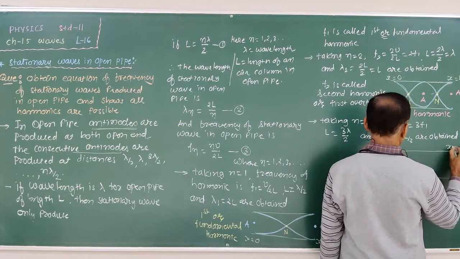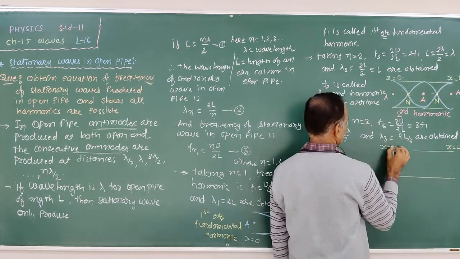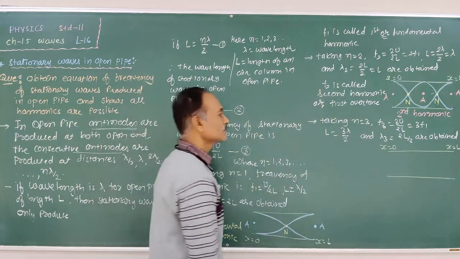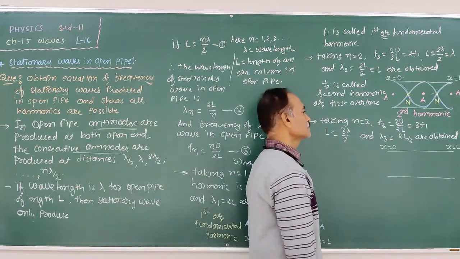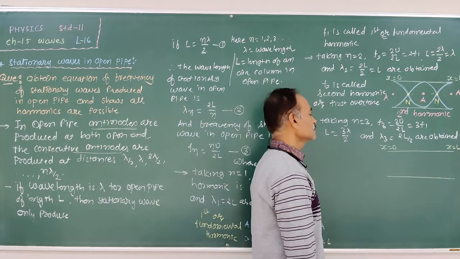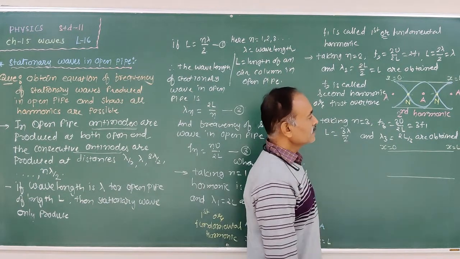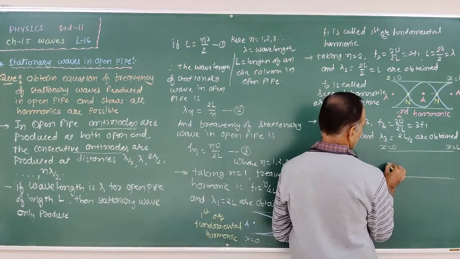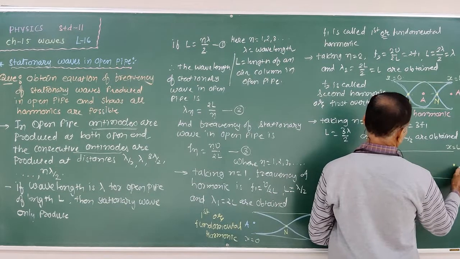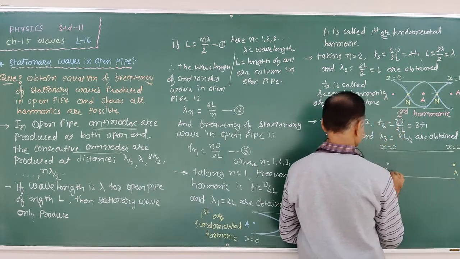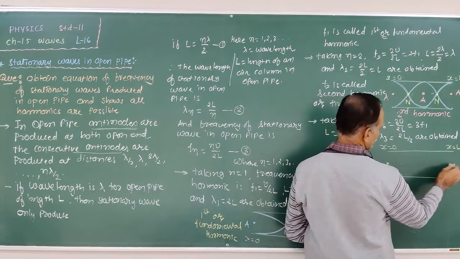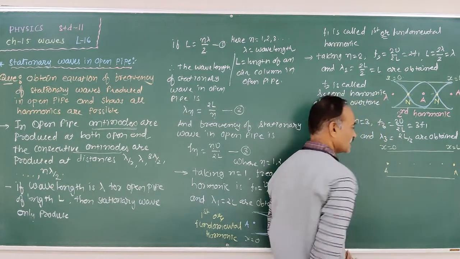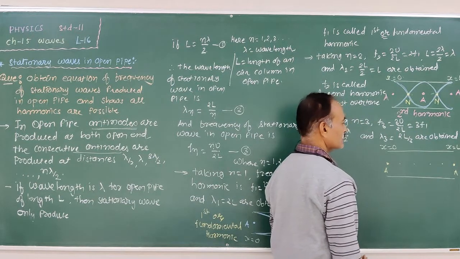So there is x equal to L and x equal to 0. How do we draw the stationary wave? For that purpose, first the antinodes are at both open ends. After that, the node points, again the antinodes, again the nodes.